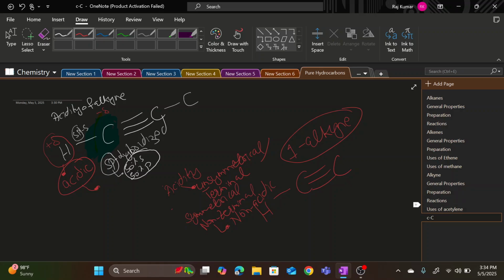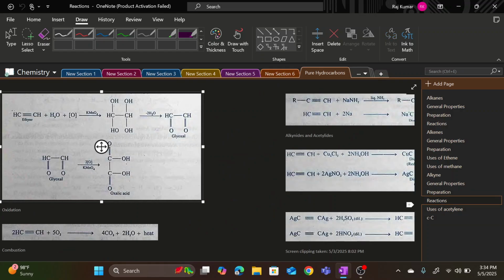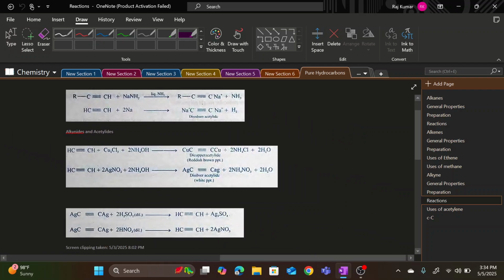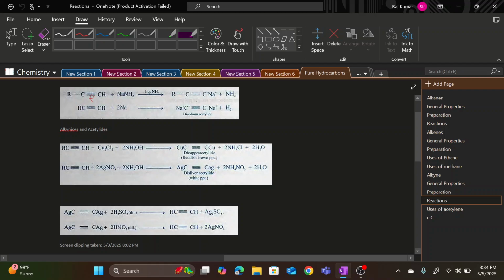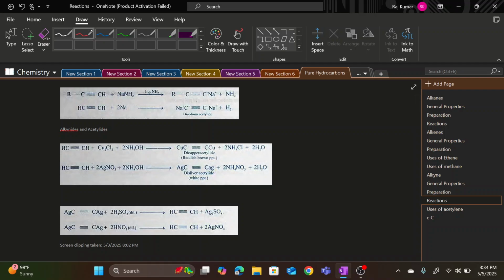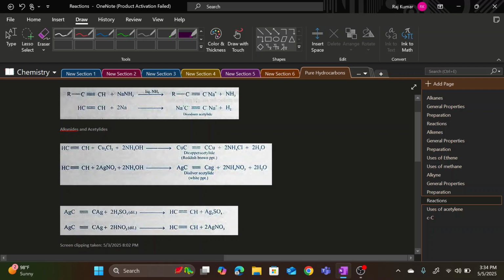Now we are going to do a few reactions as well for the acidic hydrogen over here. So here we are with some reactions. Let's say we take any unsymmetrical alkyne and react it with sodium amide in liquid ammonia; it is going to produce an acetylide. What is acetylide?